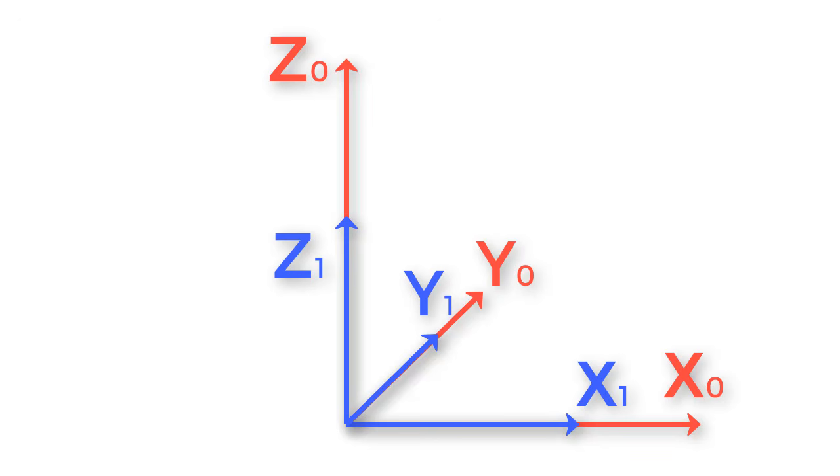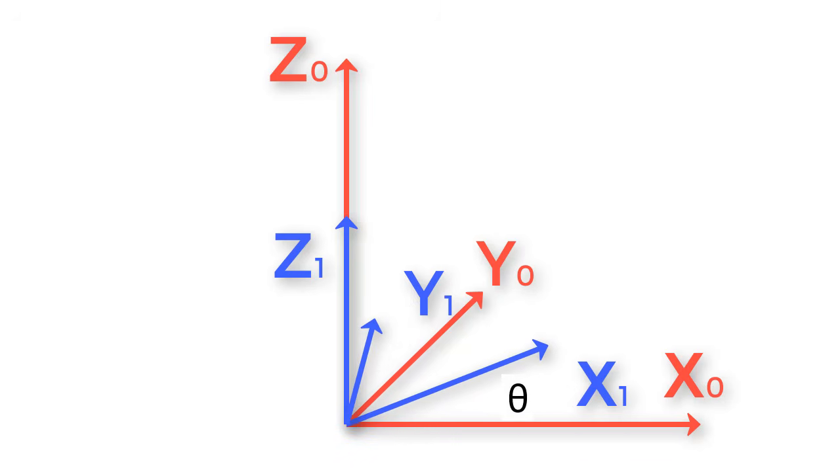Let me show you what I mean. Suppose that I have a frame called frame 0 like this. And suppose that I have another frame called frame 1 like this. Now, suppose that initially frame 1 is lined up exactly with frame 0. Then, suppose that I rotate frame 1 like this.